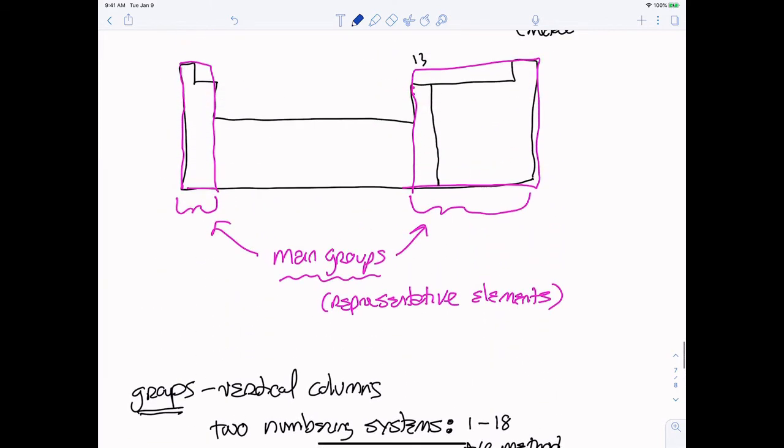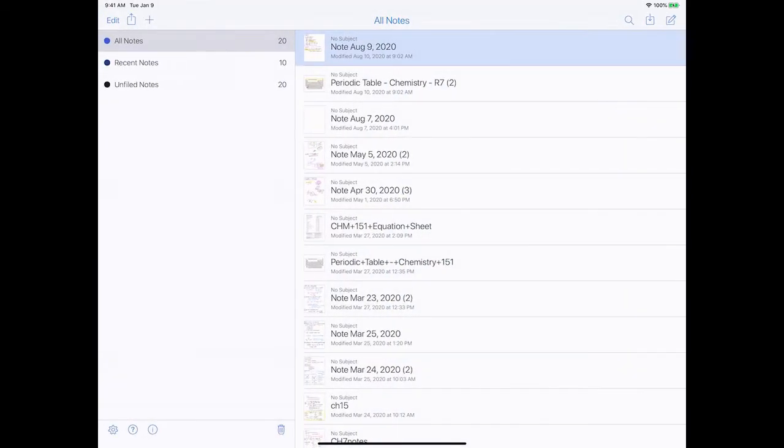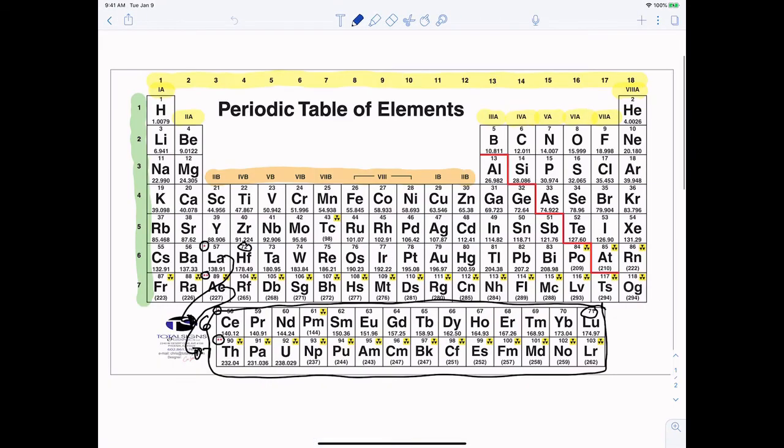So if we go back up to this, these guys here are my transition metals. That's a horrible bracket. So my transition metals. If you have the printed version that you're marking up, this B block here.